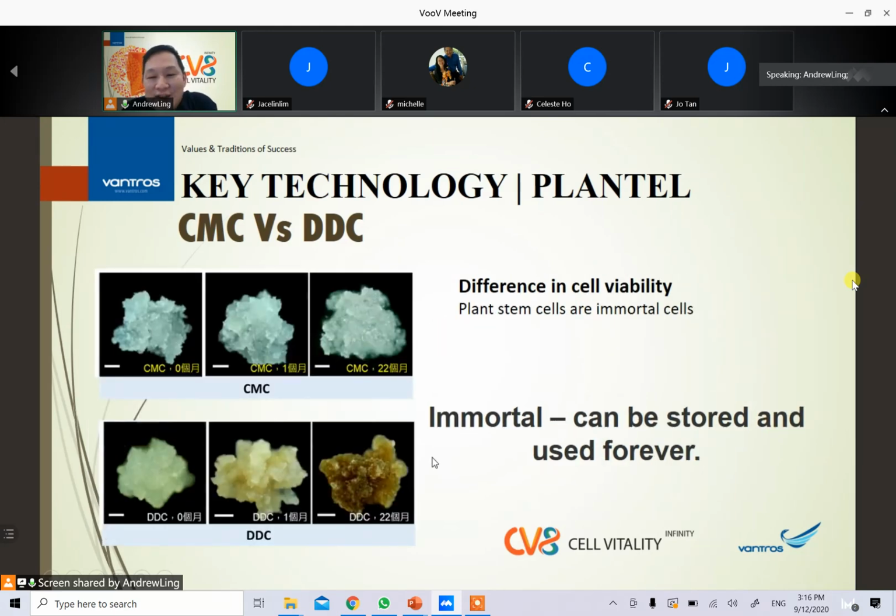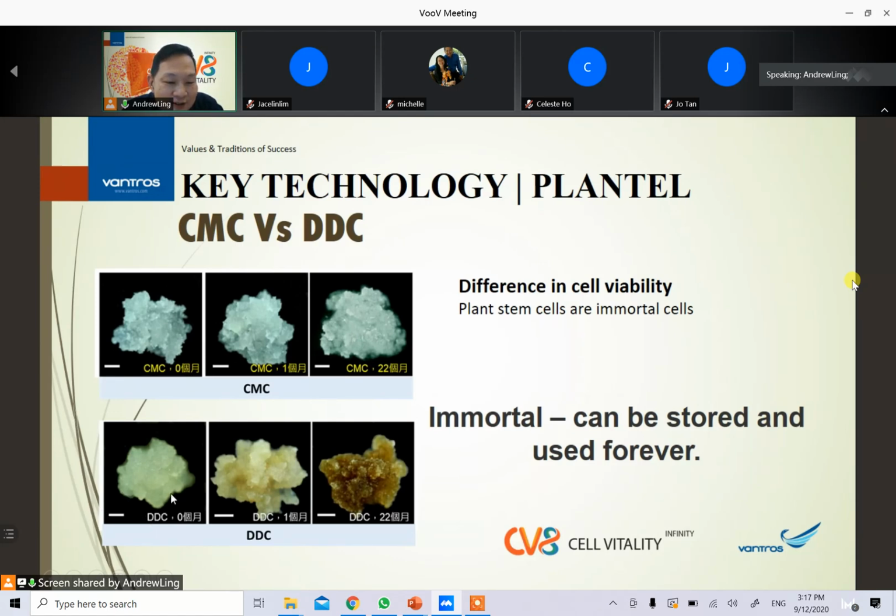The other difference is in the cell viability. As I mentioned just now, the CMC cell is considered an immortal cell. This is an example of a CMC stem cell. Once you extract it and keep it for 22 months, it is still the same. It won't be damaged easily.